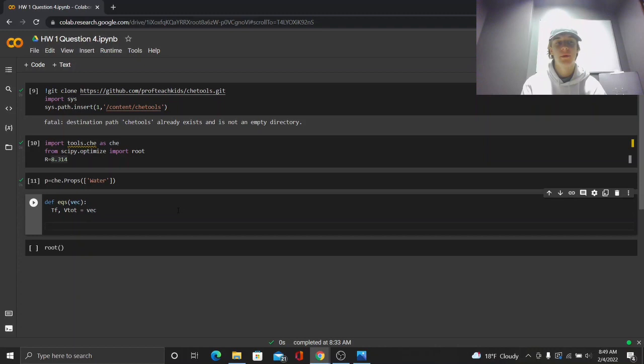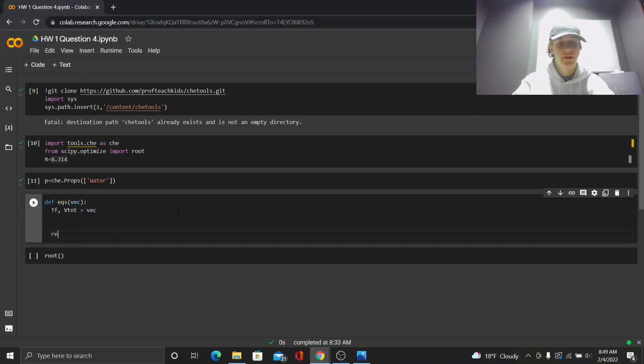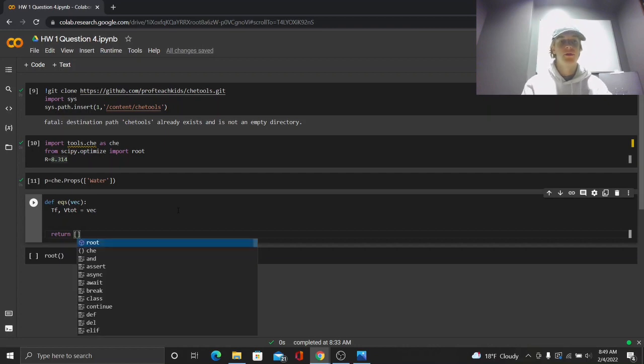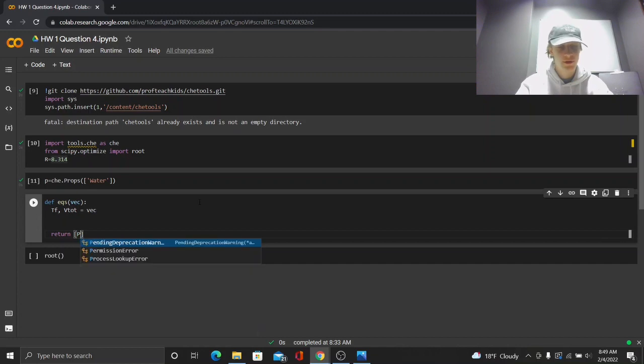So now what we want to return is our two equations. The first one is the final pressure minus the pressure in the air, the partial pressure of the air, plus the partial pressure of the water.